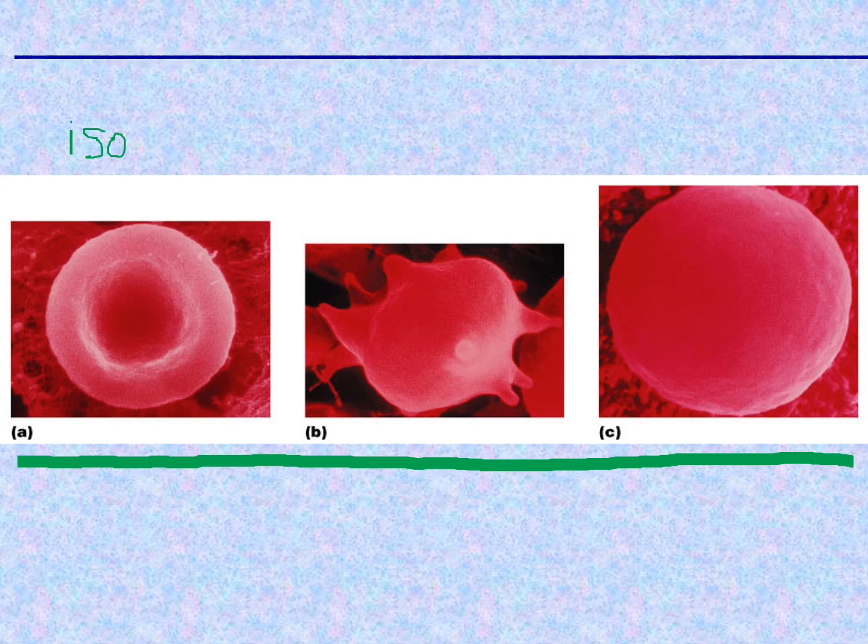In this case, it's in a hypotonic solution, and therefore water will move in, and the cell expands and eventually will rupture. You'll get lysis of the cell, bursting of the cell. And in the middle, this is something that happens only with red blood cells.